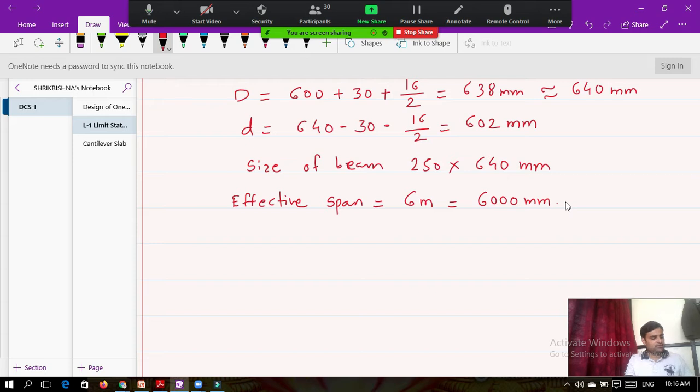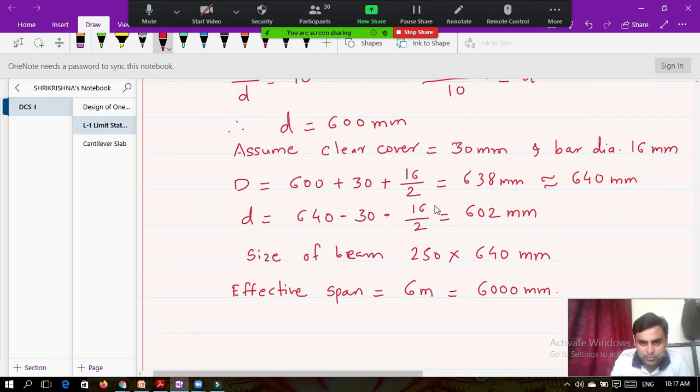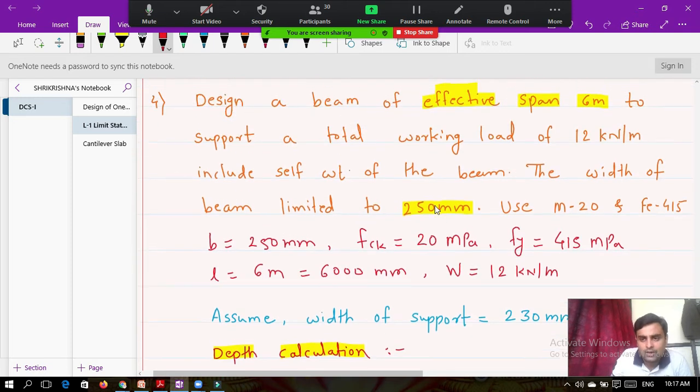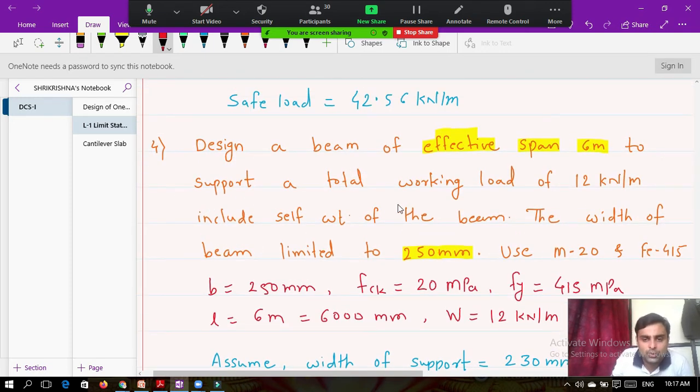Now after this we will go to the load calculation. After the calculation of effective span, we go for the load calculation. In the load calculations, we normally need to calculate the dead load and live load of the beam. But in this problem, if you read carefully, they have told you the total working load of 12 kilonewton per meter is acting, and it is including the self weight.